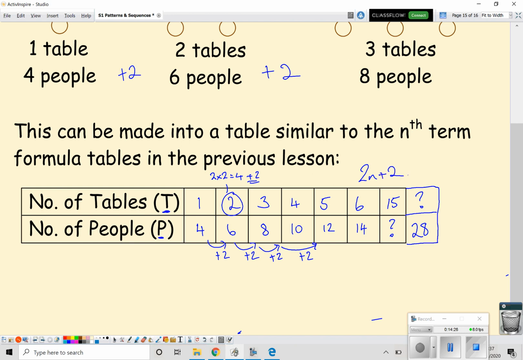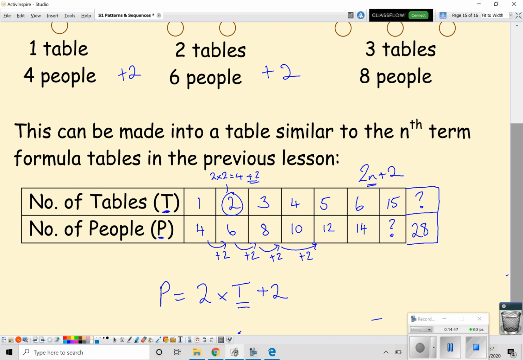That's the correction term. So that's your nth term formula. Basically, a formula involving P and T here would be, the number of people must be equal to 2 times the number of tables, add 2. So instead of using n, we're using T.